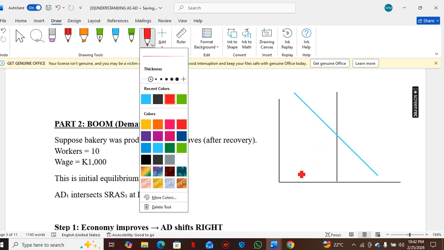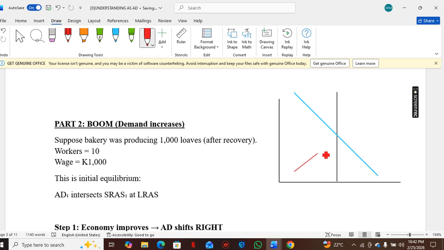So we're going to start at equilibrium again. Full employment.